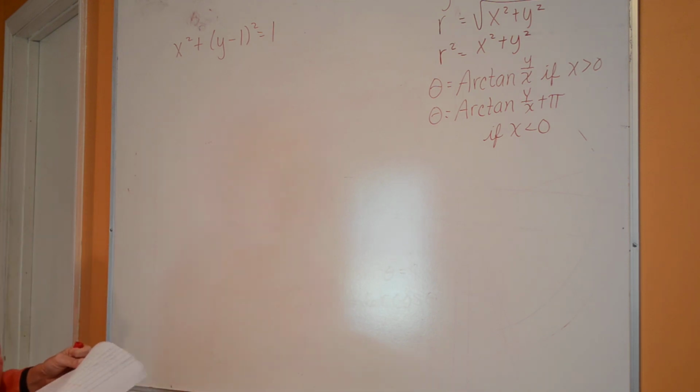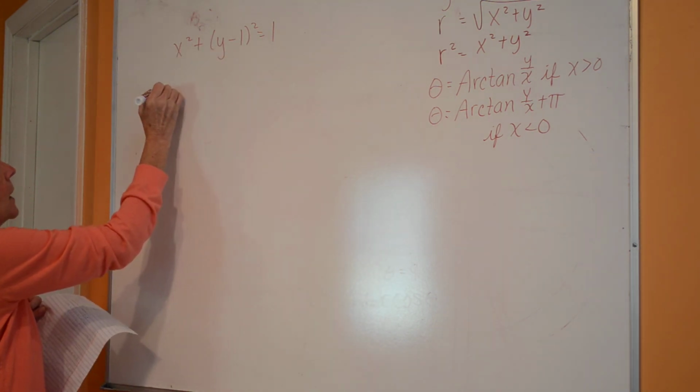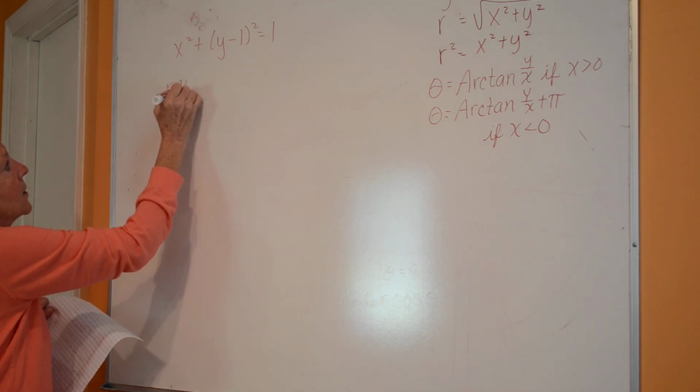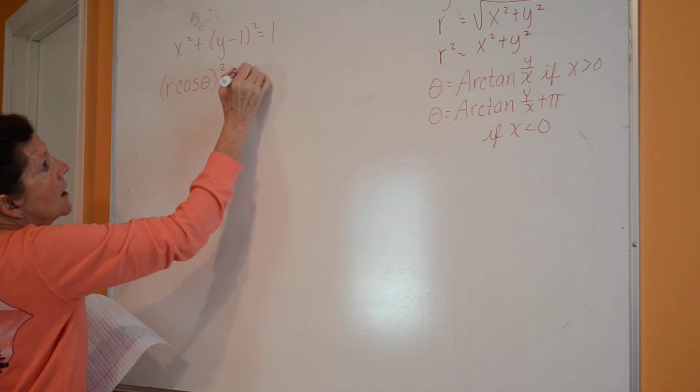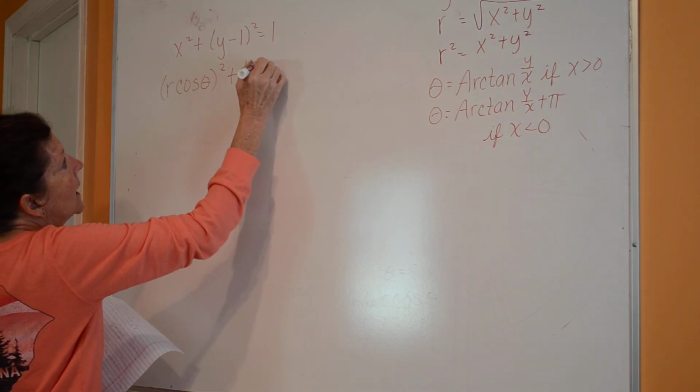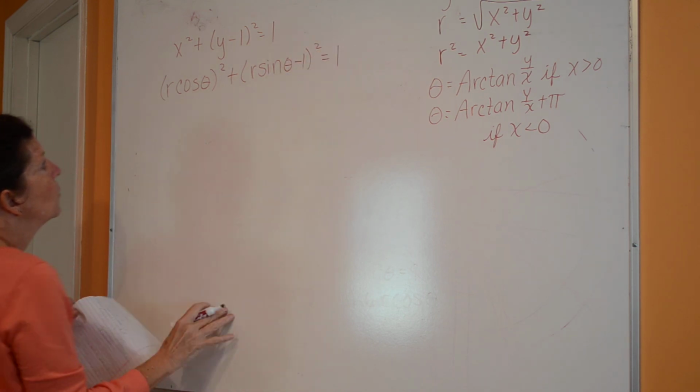All right, so I've got that, and I've got to change my x and my y. So I have r times the cosine of theta squared plus r times the sine of theta minus 1 squared equals 1.